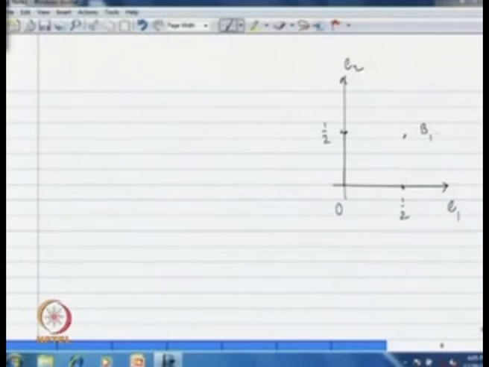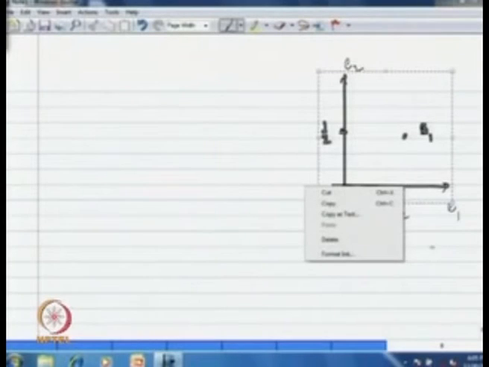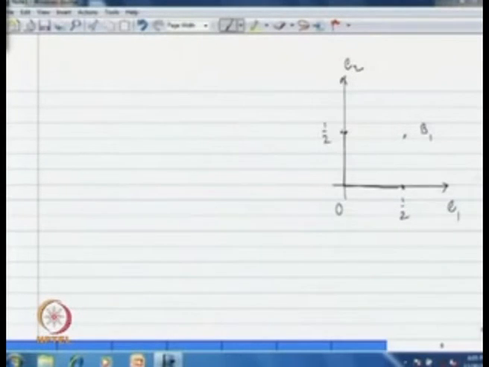What about B 2? We have seen that if E 1 is less than half, then there is no best response for firm 2, but if E 1 is equal to half, this is one possibility that E 2 becomes 0 or E 2 becomes half. So, this is B 2, B 1 as a function of E 2 and B 2 as a function of E 1.